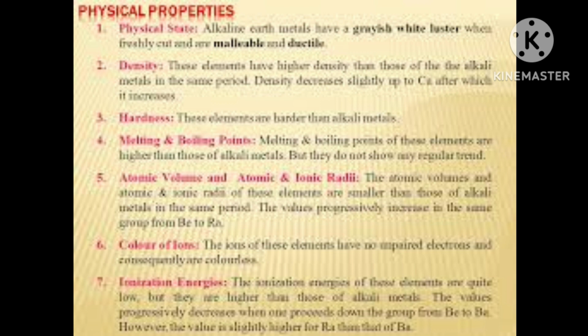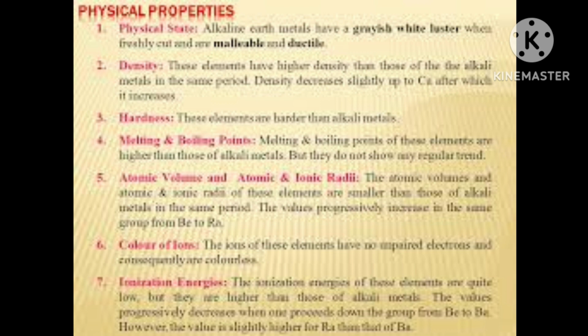The first ionization enthalpy of the alkaline earth metals is higher than those of the corresponding group 1 metals. If you compare with group 1, group 2 has higher ionization enthalpies. This is due to their small size.